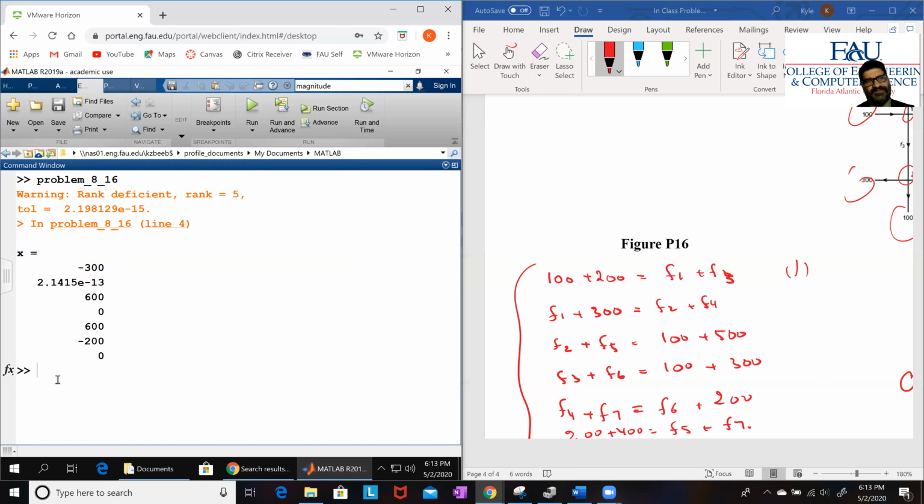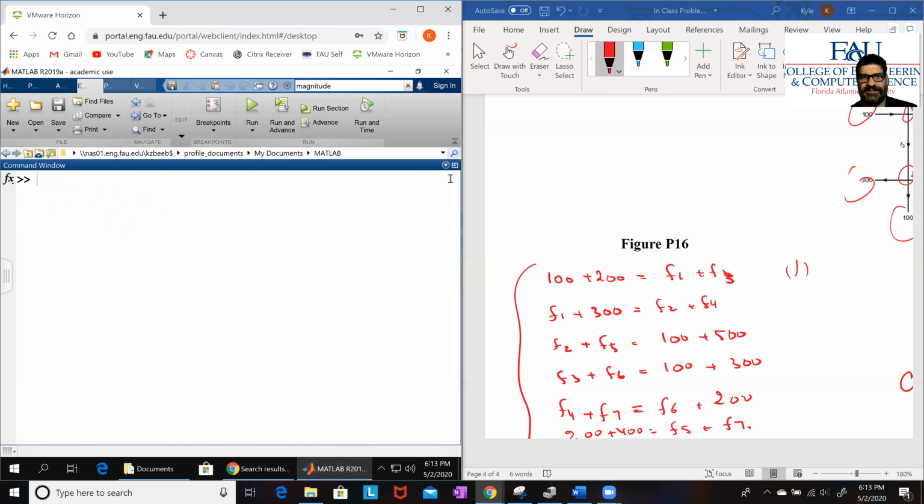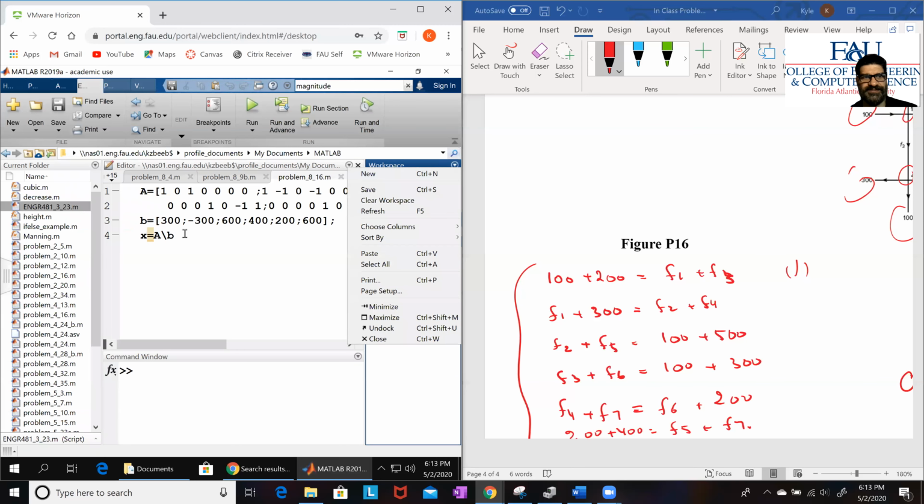Let's solve rank A. All right, I did something here. Let's redo this. I write it in the script.